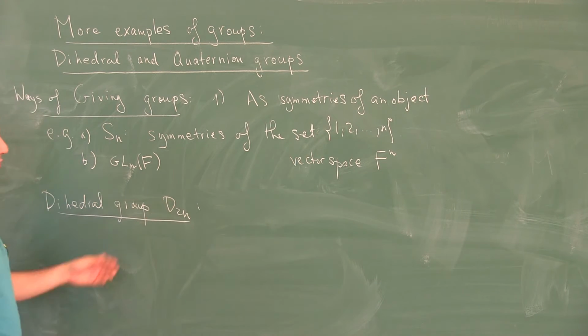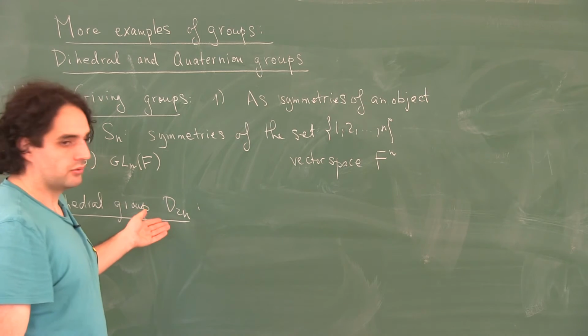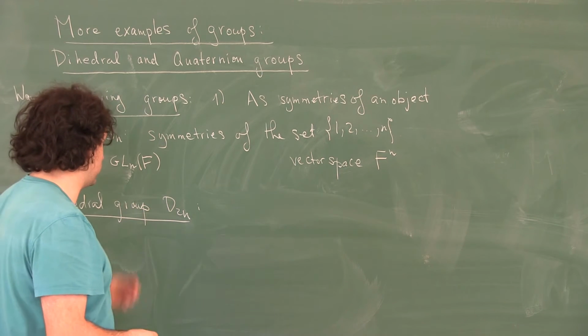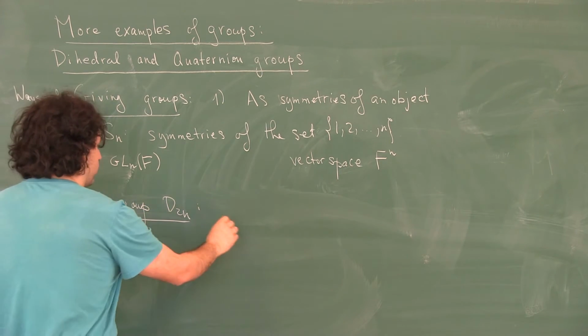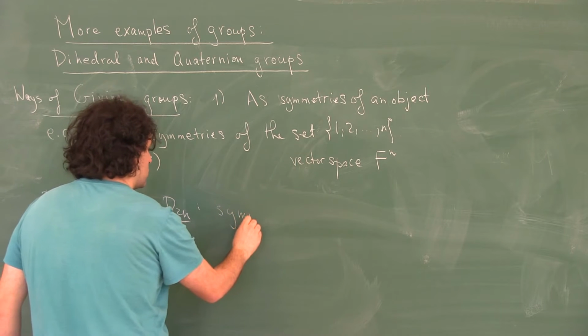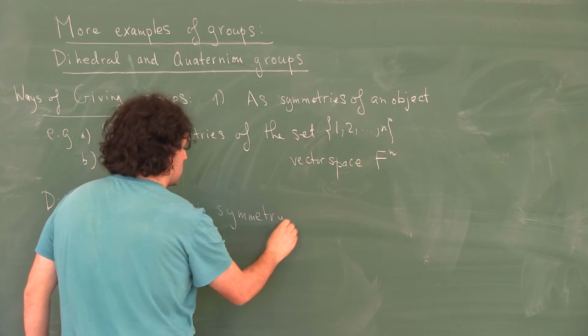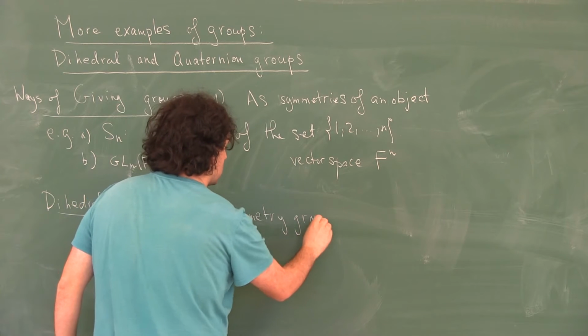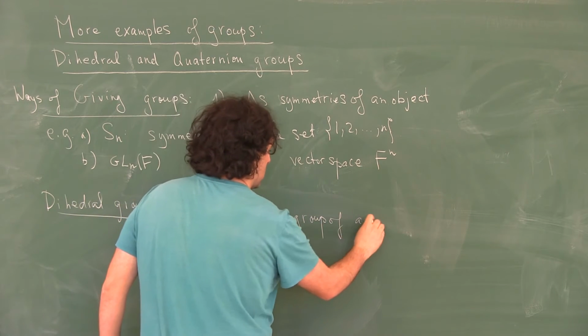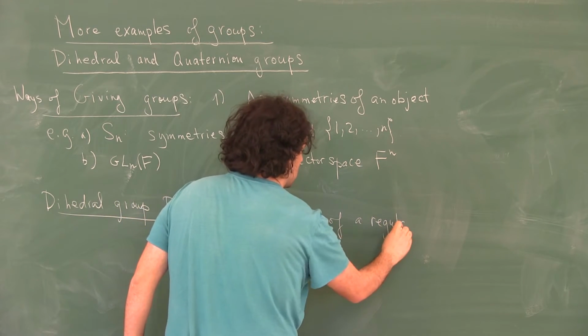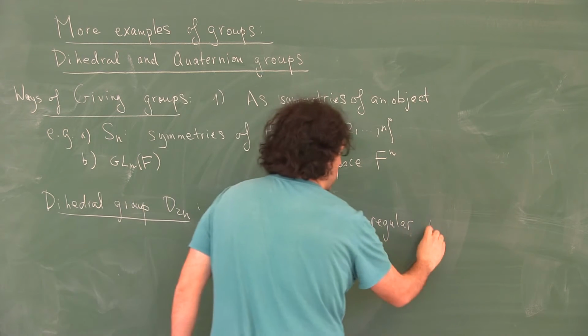So now, what are dihedral groups? The dihedral group D2n, which has cardinality 2n, is the symmetry group of a regular n-gon.